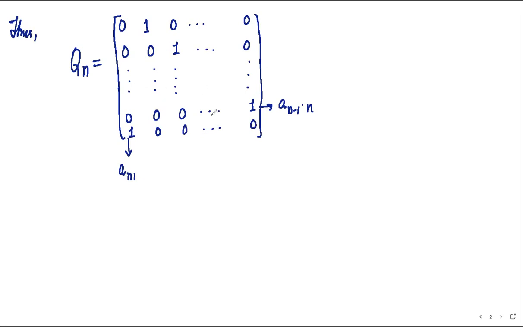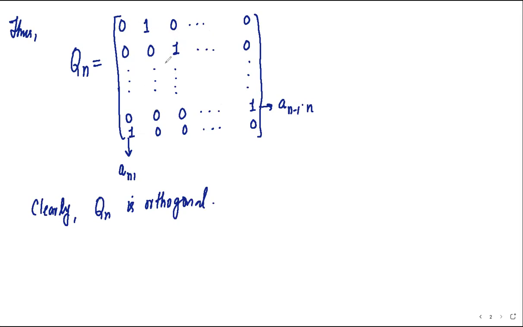So therefore, this is the matrix Qn. We can clearly see that Qn is orthogonal. Qn is orthogonal because we can see that the products of any two rows is equal to 0, and the sum of the elements in any row or in any column is equal to 1.